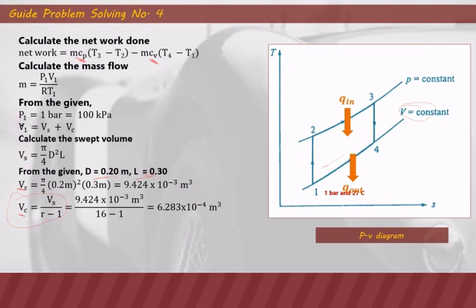So we can get the volume at point 1 as the sum of the two. The volume at point 1 of air is 0.01005 meter cube. I suggest that you use 4 to 5 decimal places, especially if the number is so small, so that it will not largely affect the results later on.